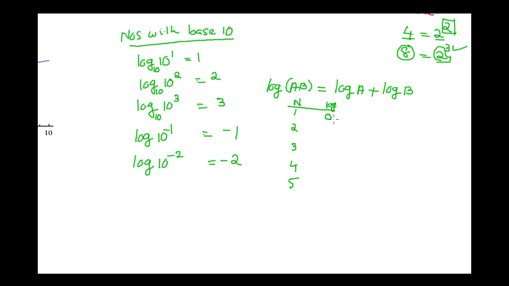Logarithm of 2 we define as log 2, and this is log 3. Now, what about logarithm of 4? Since 4 is equal to 2 square, we can write logarithm of 4 to the base 2 equal to 2.